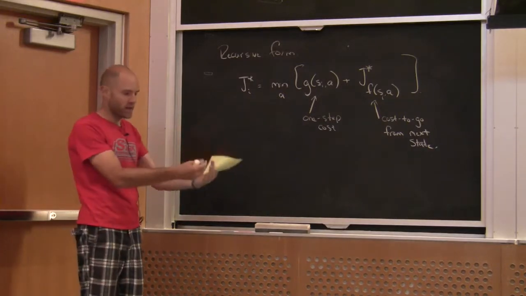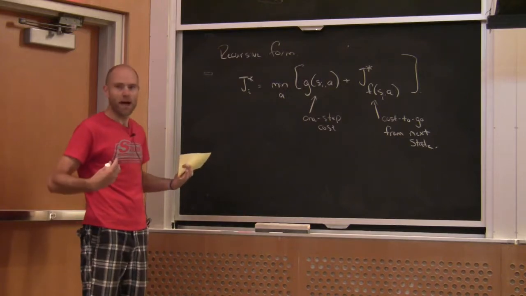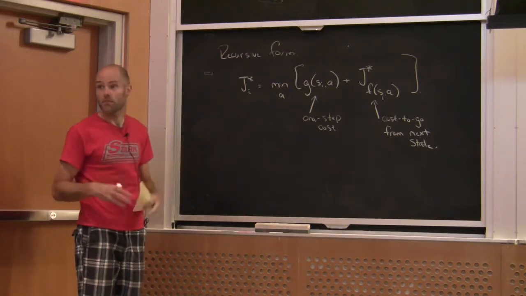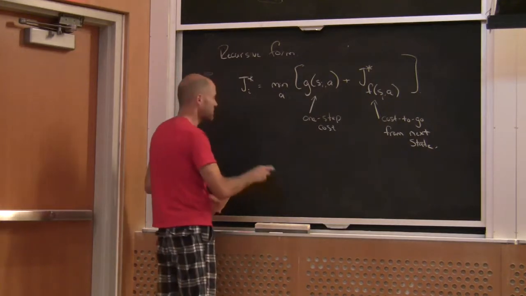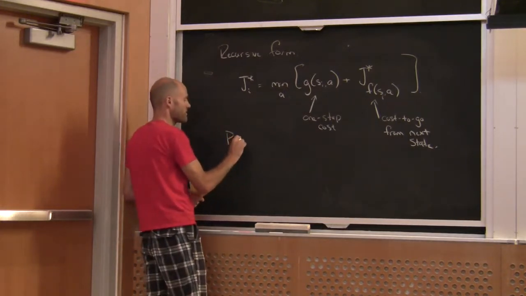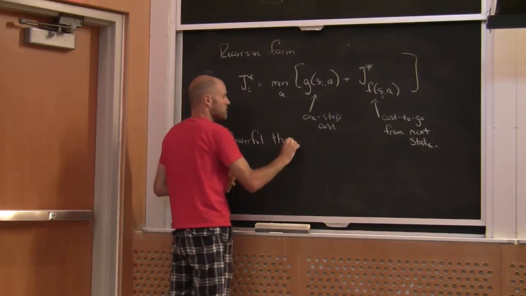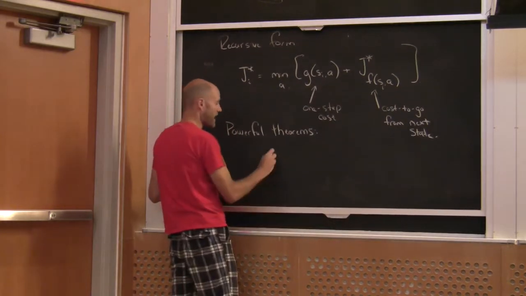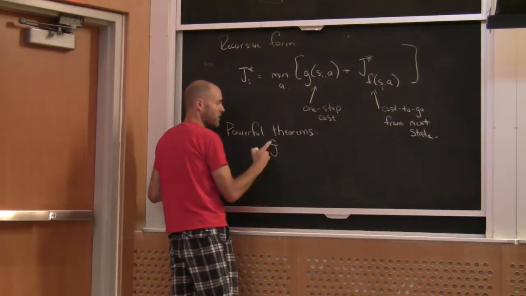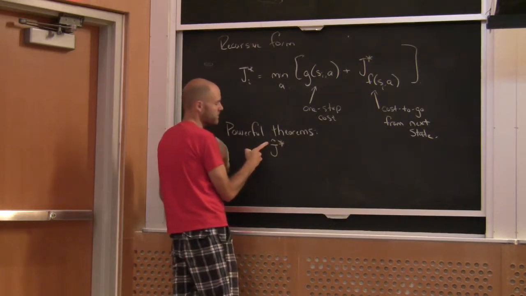I was a little slippery when I did it on the toy graph. I sort of started at the goal and propagated back, knowing which ones I had to update at which time. There are some really nice, powerful theorems which say you don't have to be slippery. For instance, I can just start, and I normally use hats to denote an approximate or an estimate.